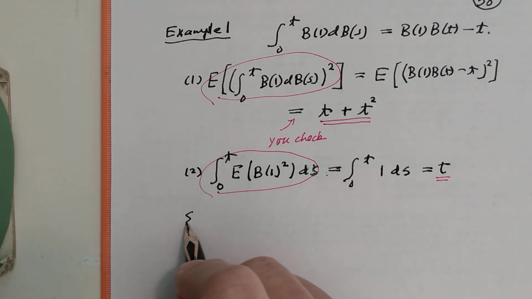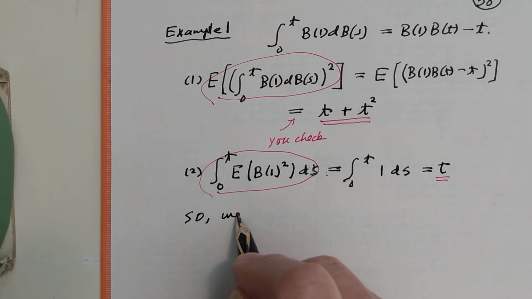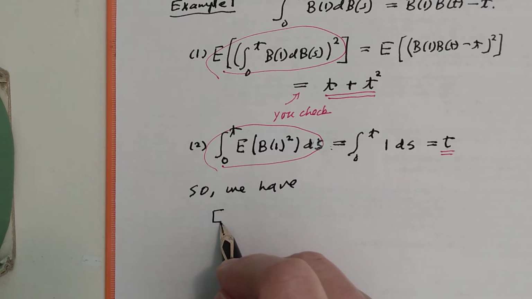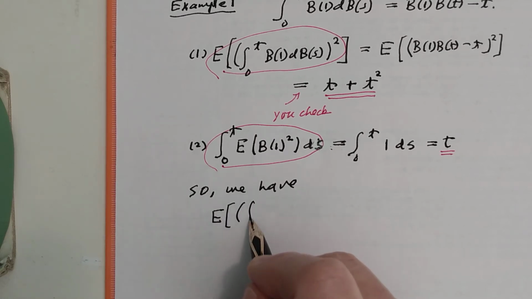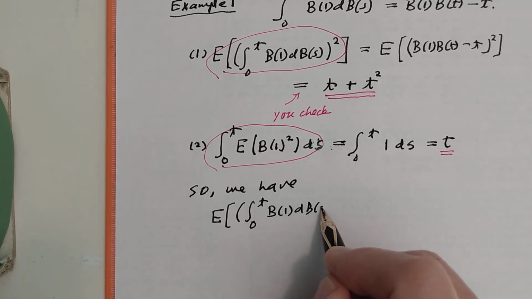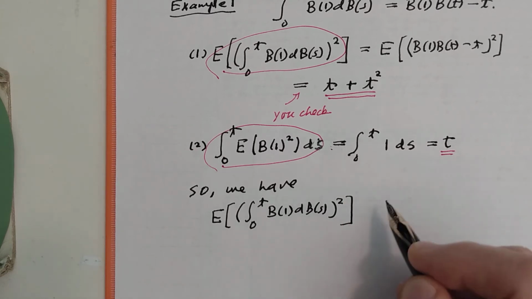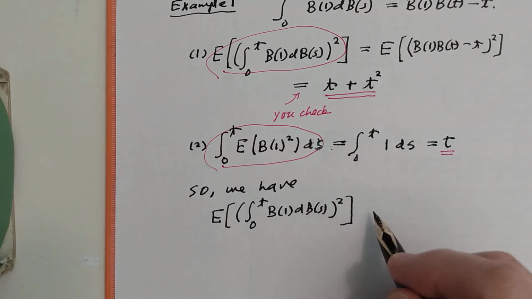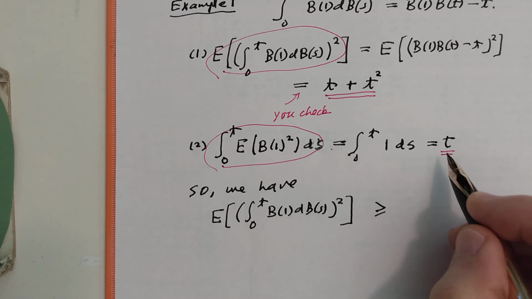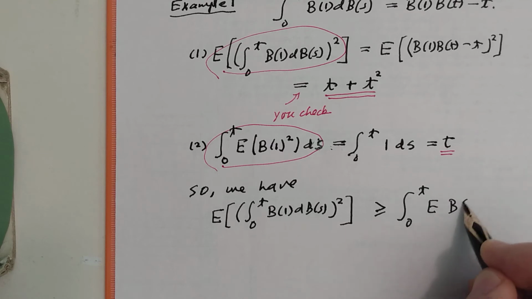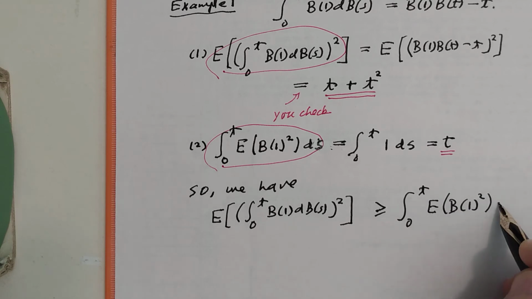And so we have the expectation of the square of the integral from 0 to t of B_1 dB_s, squared, being equal to t plus t squared, is certainly greater than or equal to t, the integral from 0 to t of the expectation of B_1 squared ds.